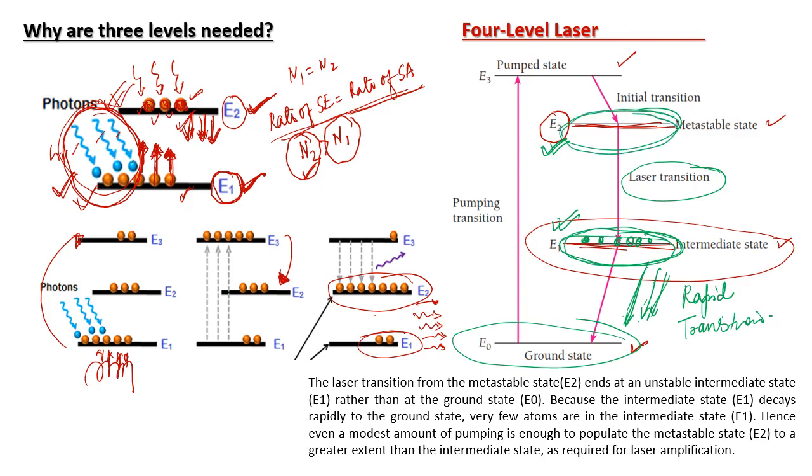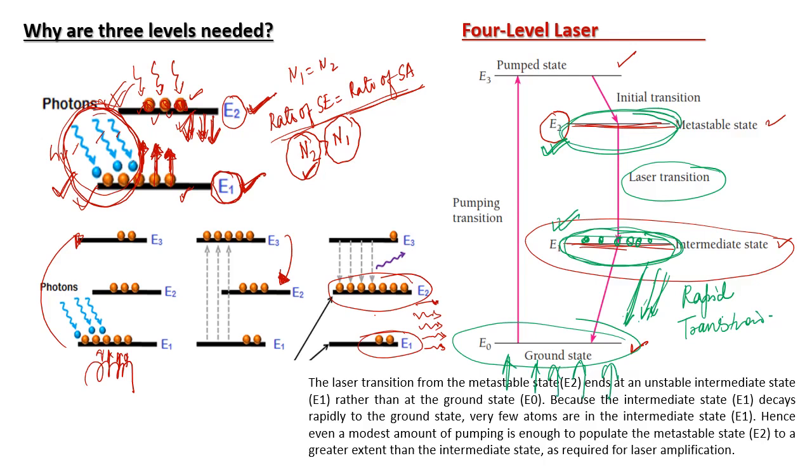So achieving the population inversion is easier as compared to the three-level system. Hence even a modest amount of pumping of energy to the ground state is enough to achieve the population inversion, as compared to the three-level system.